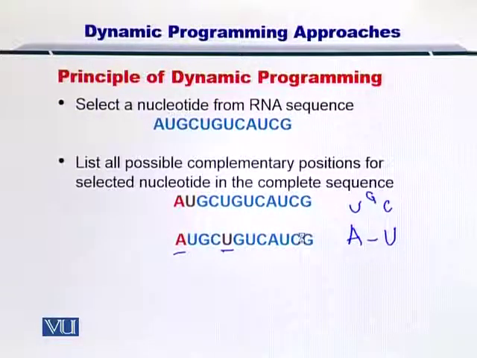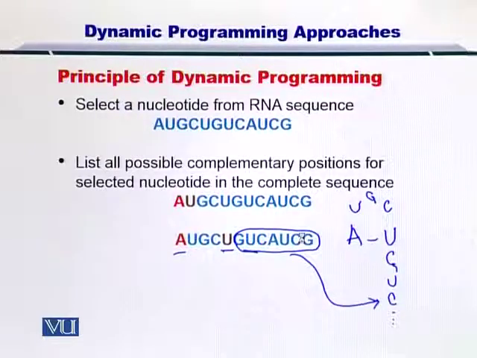More so, after U, you will have G, U, C, and so on and so forth. This side of the molecule. So already you can form two combinations of this RNA and its secondary structures.